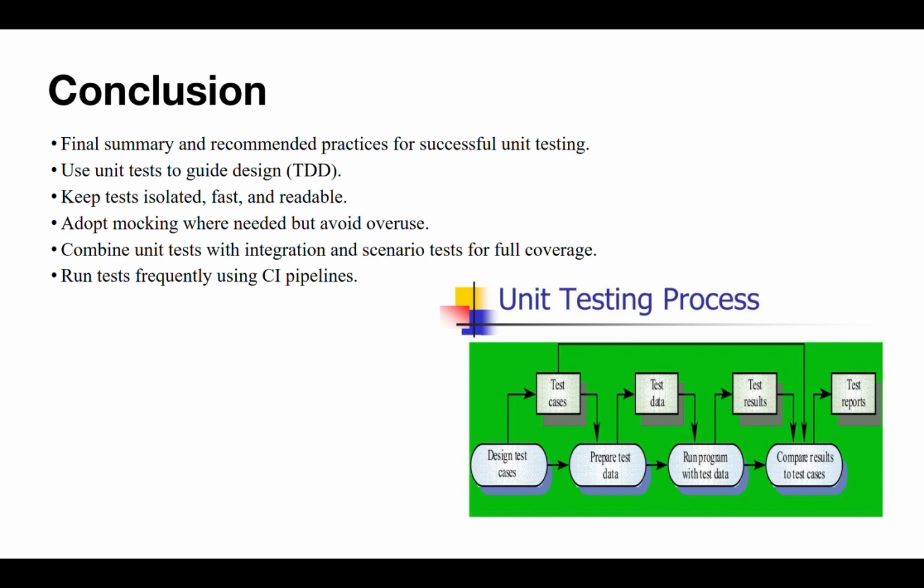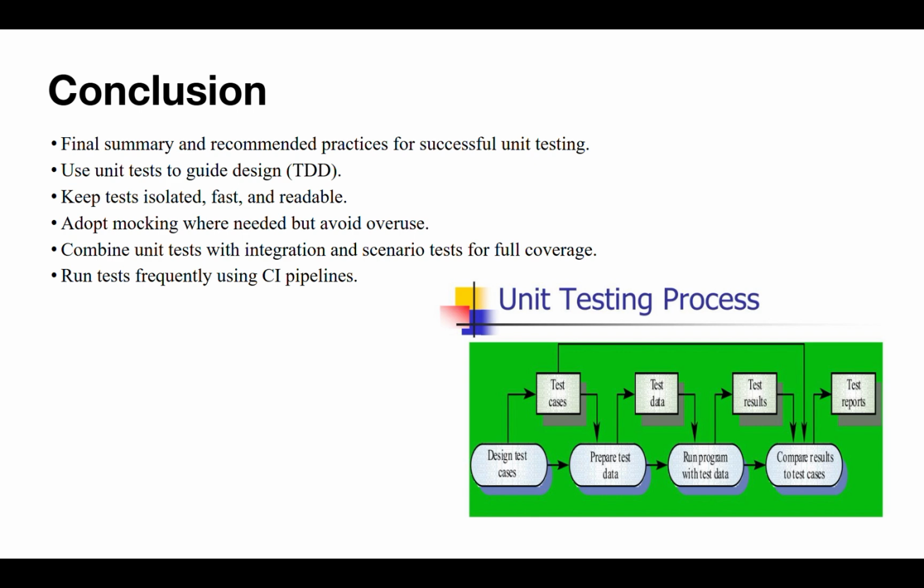Don't rely solely on unit testing, because there are different types of testing, as we've mentioned. You can use integration or system tests too. And most importantly, make testing part of your development culture, not just a checkbox.